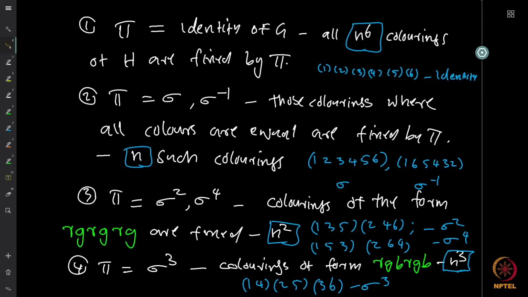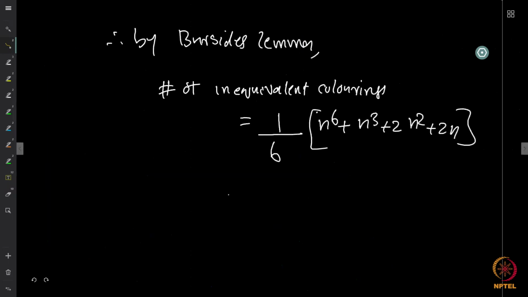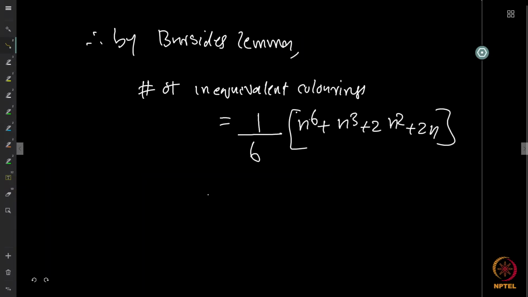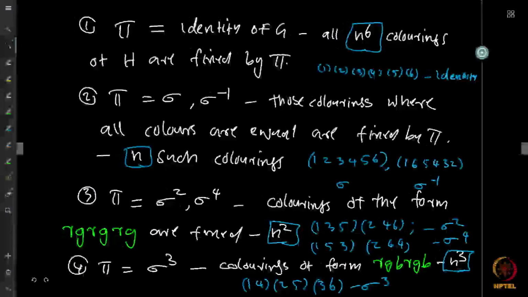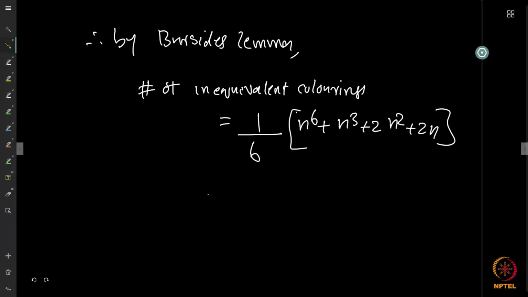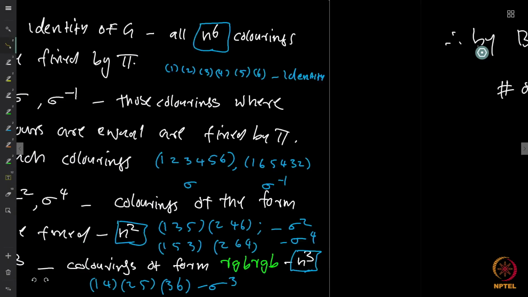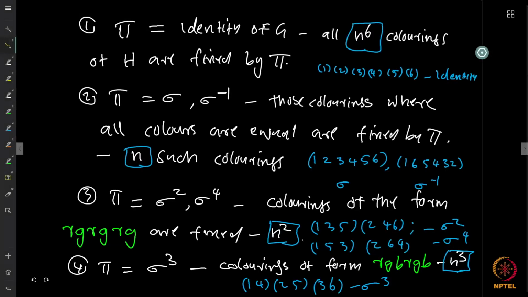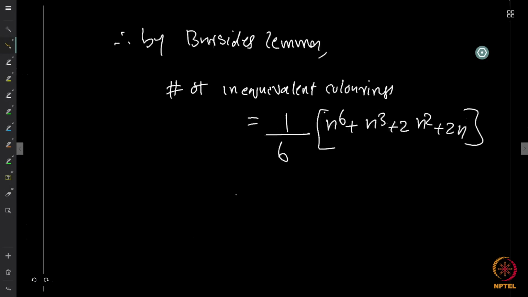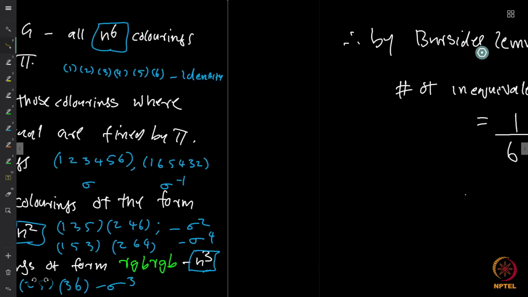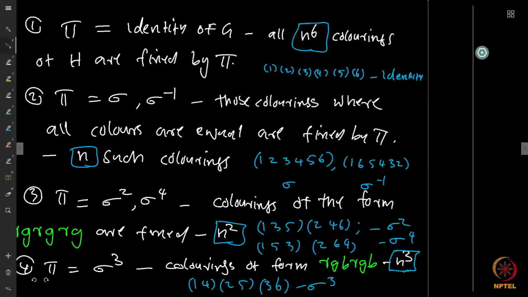So therefore, we can now apply Burnside's lemma. Let us do 1 by 6 into n raised to 6 colorings fixed by the identity, n raised to 3 colorings fixed by sigma cube, then n square colorings fixed by each of sigma square and sigma raised to 4, and n colorings fixed by each of sigma and sigma inverse, right?